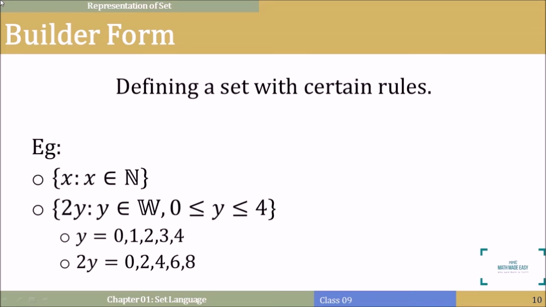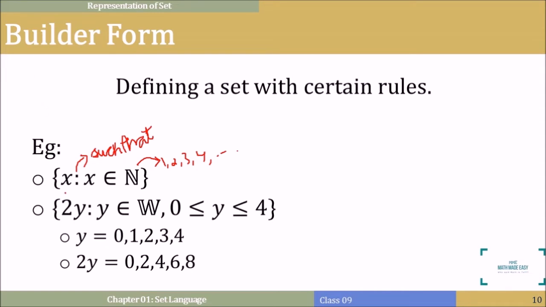Moving on to set builder form, as the name suggests, you have to build the set with certain rules. Let's take the first example. It's the set of x such that x belongs to natural numbers. We know that natural numbers start from 1, 2, 3, 4 and go on. The colon represents such that.